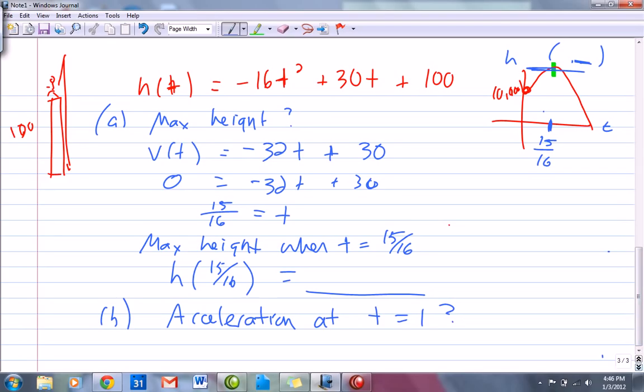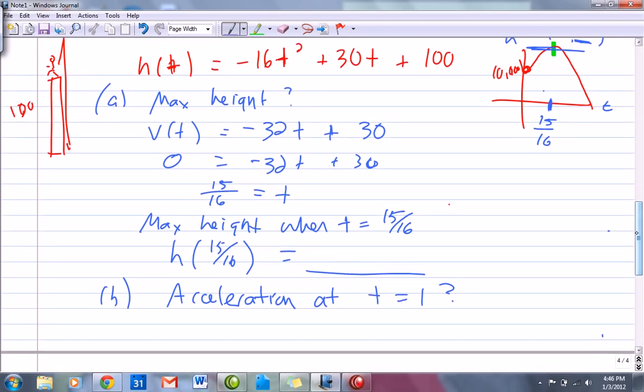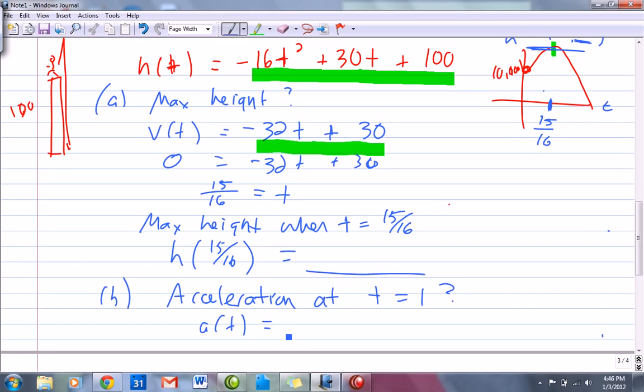To find the acceleration, I'm going to take the derivative with respect to time of the velocity. And recall, here's the velocity function, which is the derivative of the height or position function. So I'm going to differentiate this once more to get the acceleration function. I differentiate negative 32t plus 30 to get negative 32, plus 0 for the derivative of the 30.